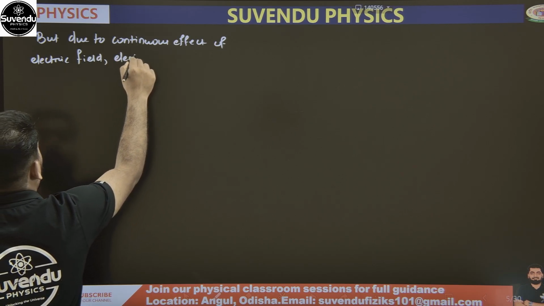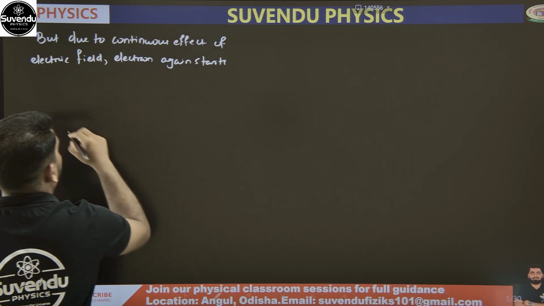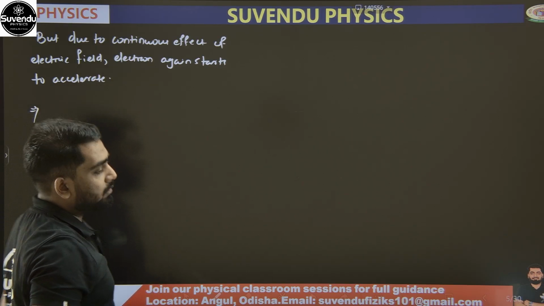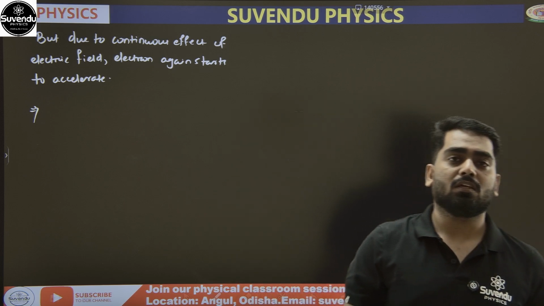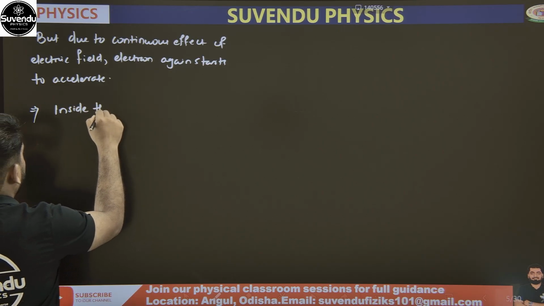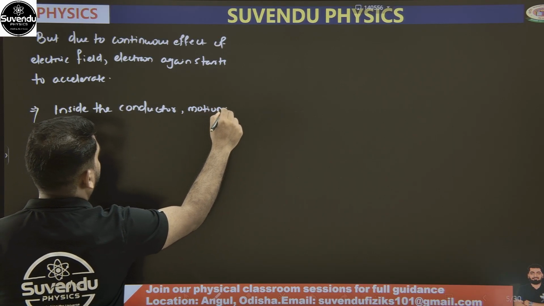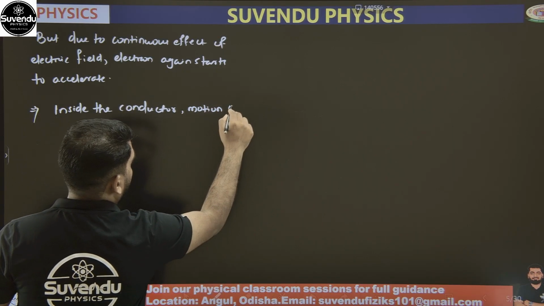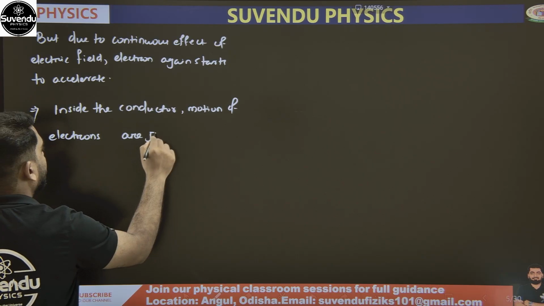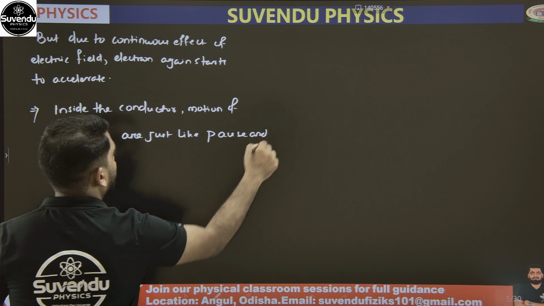The electron again starts to accelerate, which implies that inside the conductor the motion of electrons is just like pause and start motion.